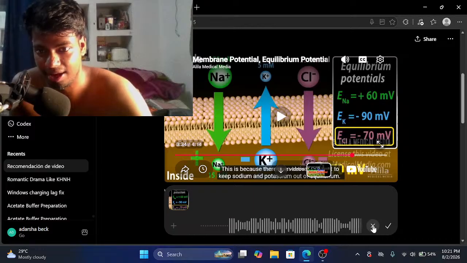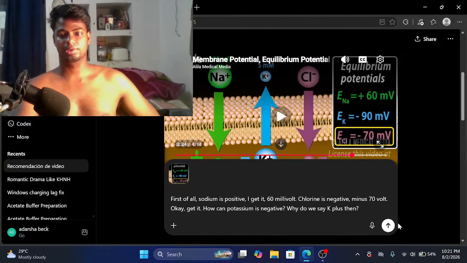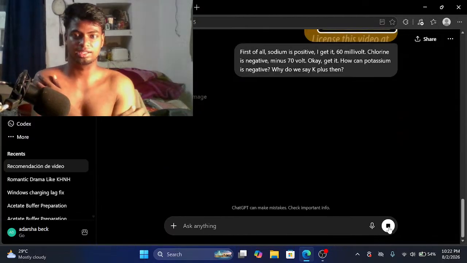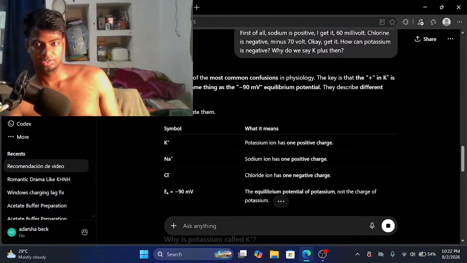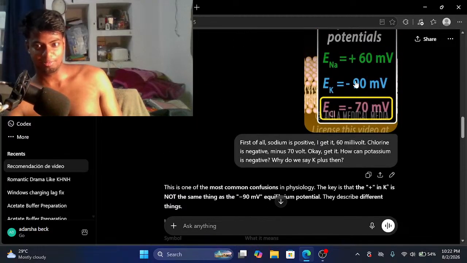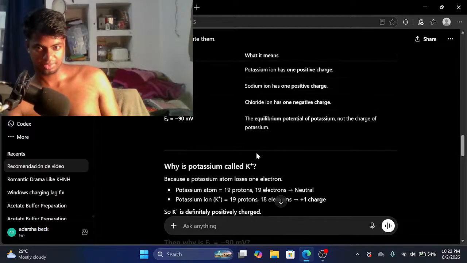Why do we say K plus then? That plus in K is not the same thing as minus 90 millivolt potential. K plus, the potassium ion, has a positive ion charge. What do you mean by positive? Your positive is minus 90.